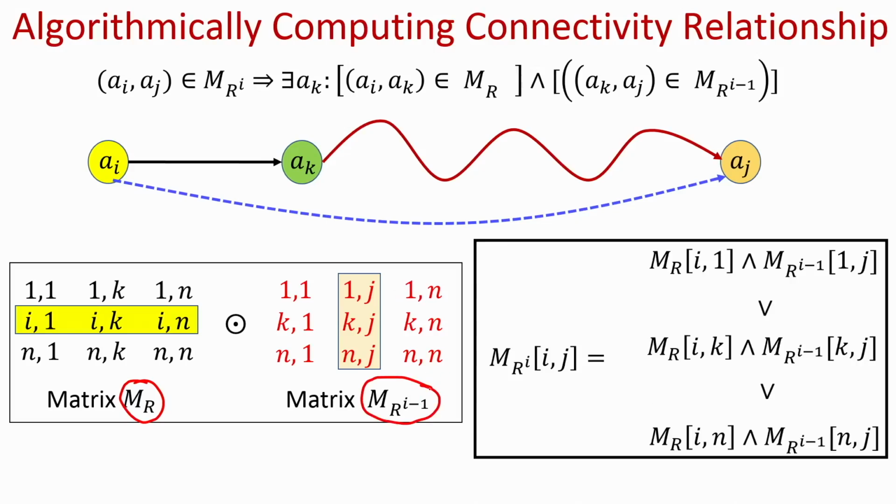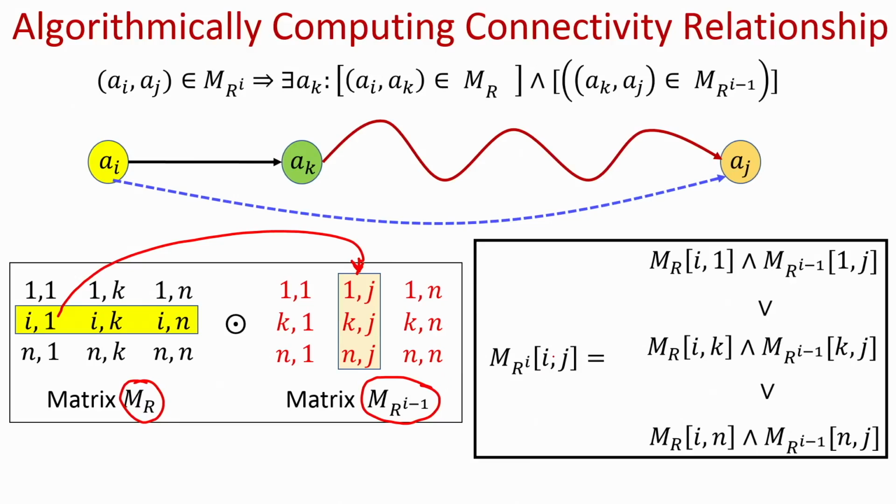This is because if you take the Boolean dot product, this (i,1) entry will be multiplied here with the entry (1,j), and multiplying here means conjunction, because remember the matrix MR and the matrix MR of R power i minus 1 are both Boolean matrices; they just say whether something is related to something or not.